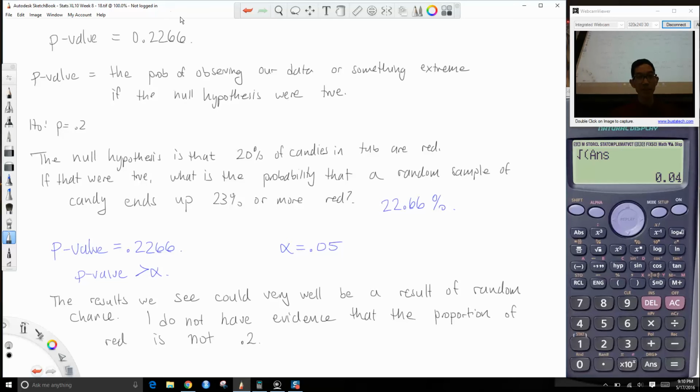Step 4. This whole page is step 4, making a conclusion from your p-value. A lot of times you can just say we don't have evidence that there's any connection between these two things.